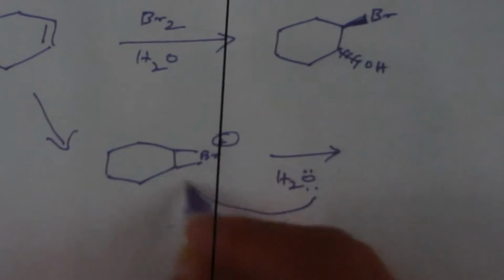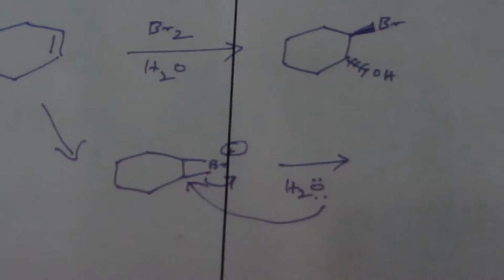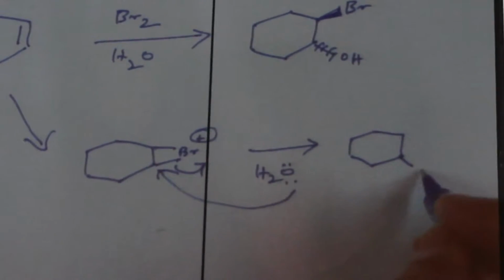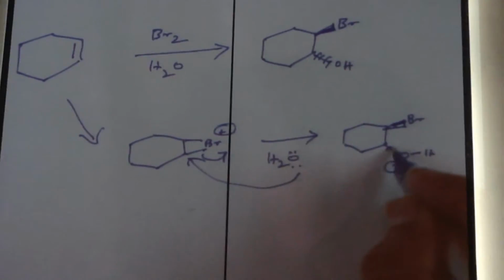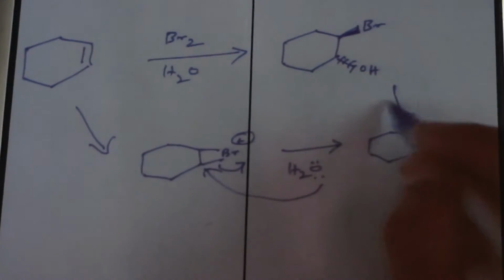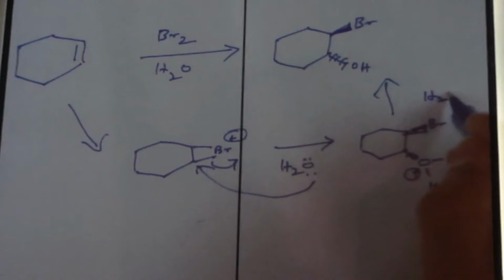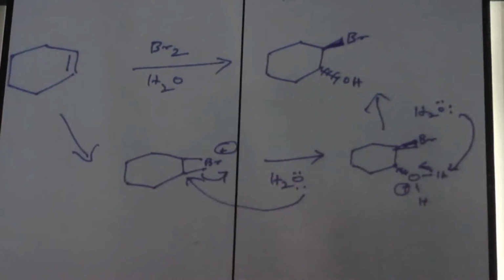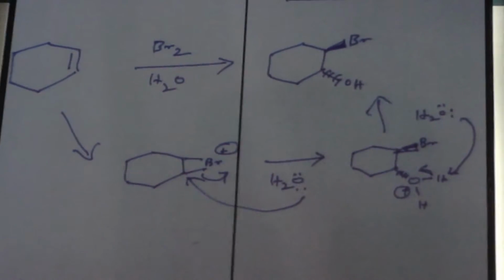And the water attacks one of the positions, giving rise to this product, which would be like this, and then subsequently another molecule of water can pick up the extra proton, giving rise to the final product. Okay.